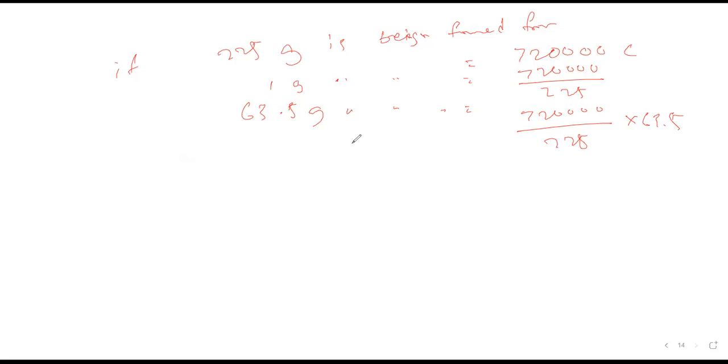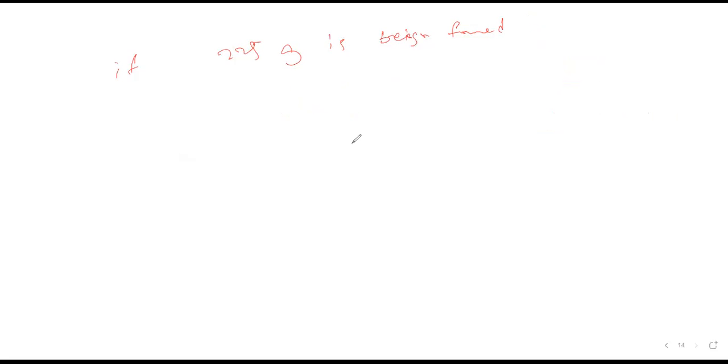Okay, before doing this, we can do one more thing. Using the equation Cu2+ + 2e- gives Cu solid, 63.5 gram is produced from 2 mole of electrons, so 2 farad.